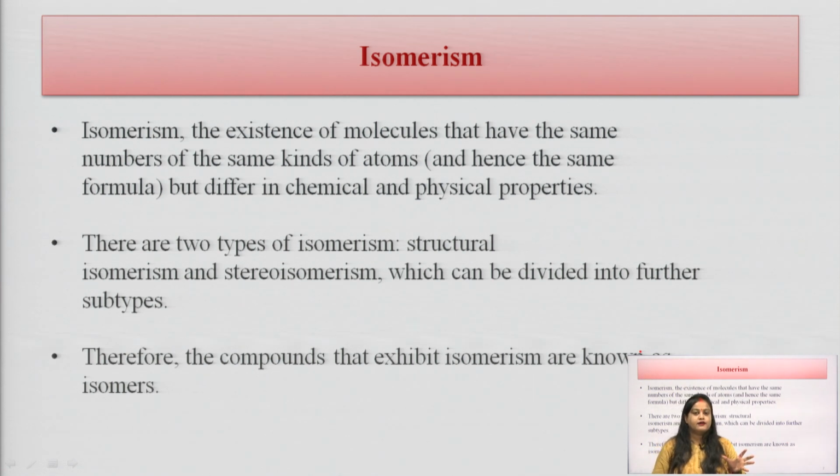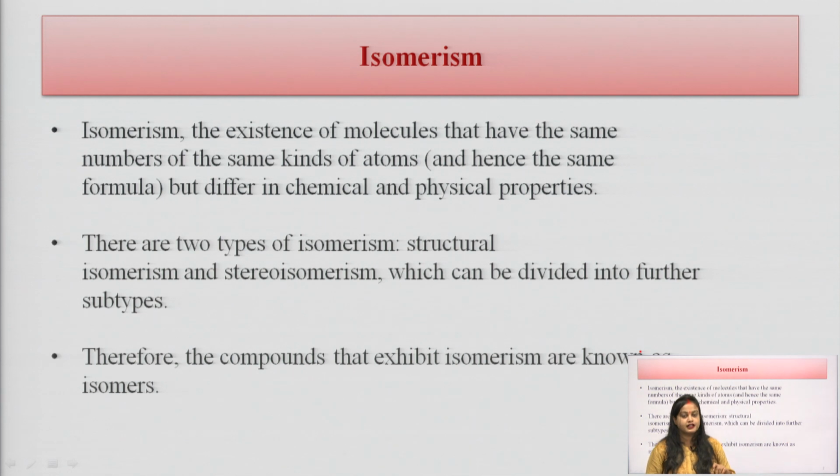According to that, we will identify the isomeric compounds, which have the same molecular formula but differ in structure. So isomerism is the phenomenon in which organic compound molecules have the same molecular formula but different structures.